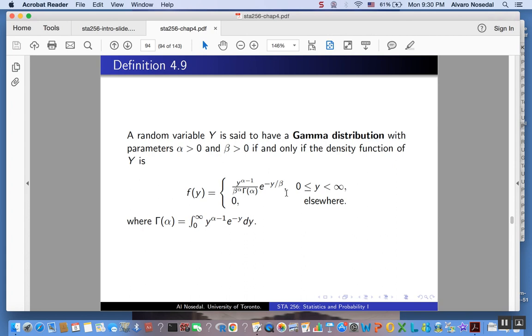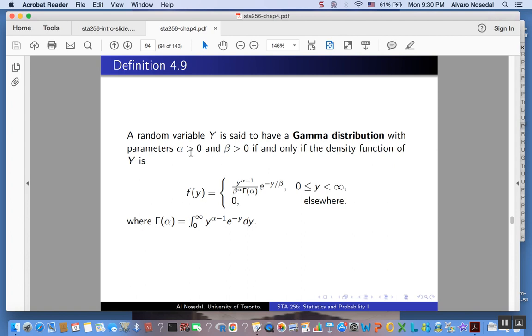You have already dealt with a gamma distribution without knowing it. Note that this guy has two parameters, alpha and beta. If alpha equals 1, then you have y to the power 1 minus 1, that's y to the 0 power, so that's just a 1. And then we know that gamma evaluated at 1 is just 1. And this is beta to the power 1, so it's just beta.